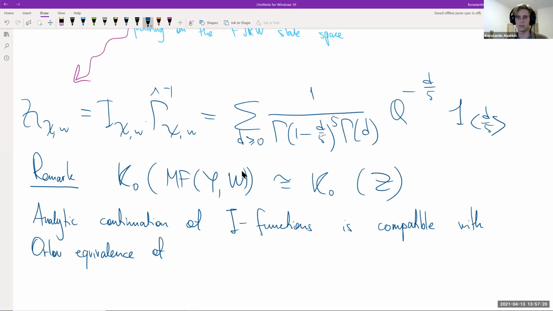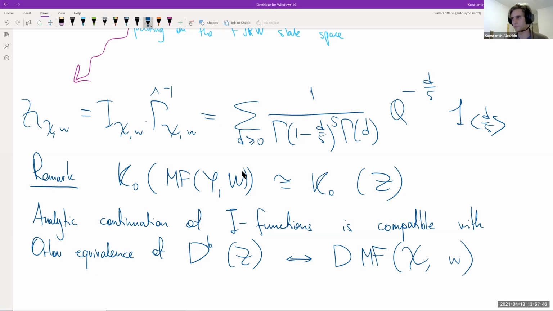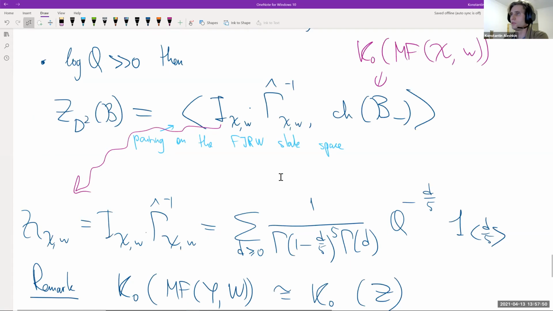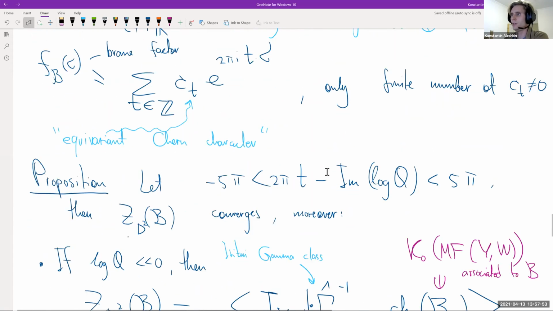So actually, Orlov equivalence is a lift of this correspondence from K theory to actual derived categories. So D^b of Z, and the derived category of matrix factorizations on X and small w. Yeah, there is some interesting story happening here.